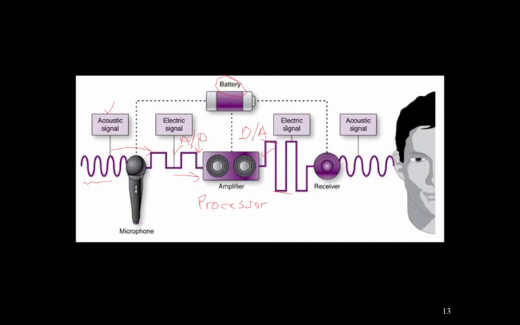Eventually, that analog electrical signal is sent to the receiver, and the receiver converts the electrical signal into acoustic energy. And now you have again a sound wave out in the air, and that's delivered into the person's ear canal, typically.